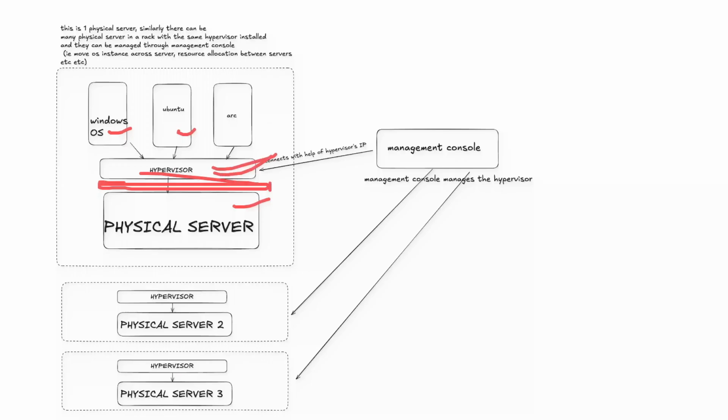Suppose we have an operating system, like how we have, you can just log in, click multiple buttons and configure all these things. That's technically a type 2 hypervisor. But here, since there is no operating system in between this physical server and hypervisor, at max what this hypervisor does is give a bunch of IP addresses through which it can be accessed through the managing console.